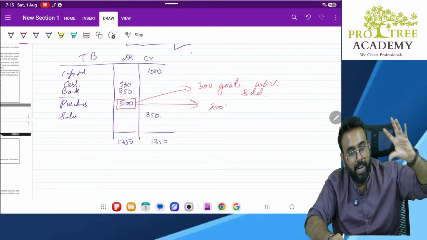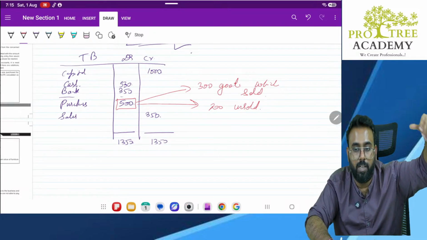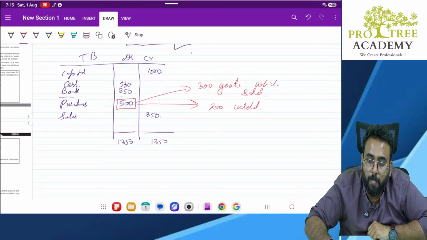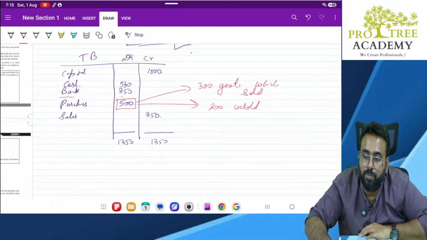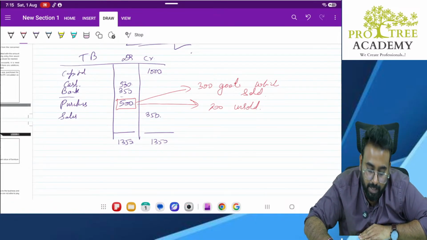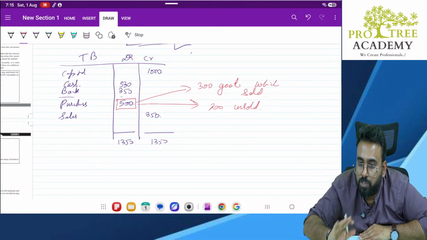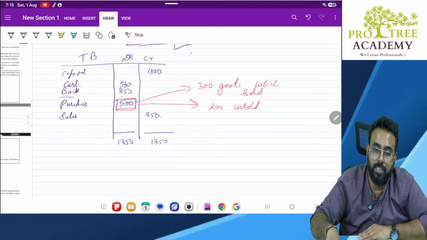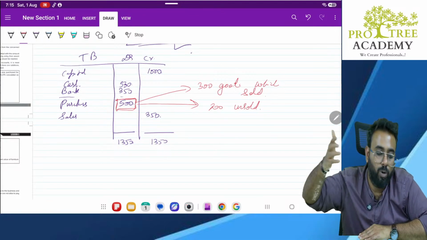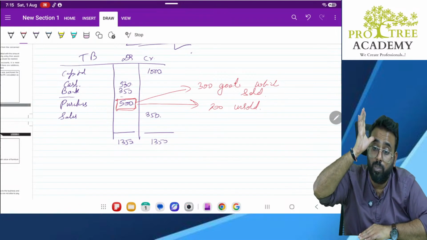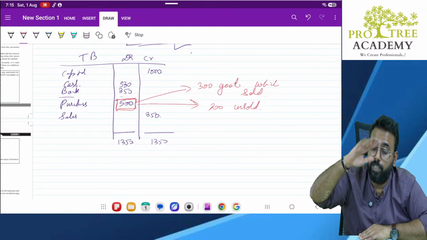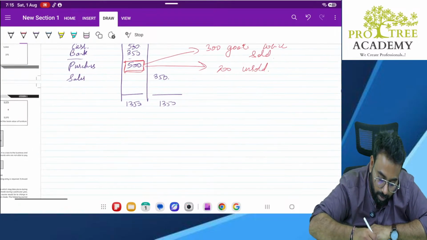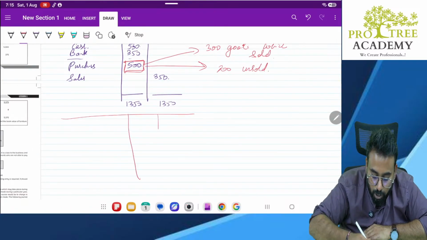So 500 is representing my goods which are sold, and at the same time it is representing my closing stock also. Correct. That is why we are not showing closing stock separately, because this 500 consists of the goods which have already been sold and the goods which are yet to be sold. Clear? Okay. Now, sir, but I want to show the closing stock.